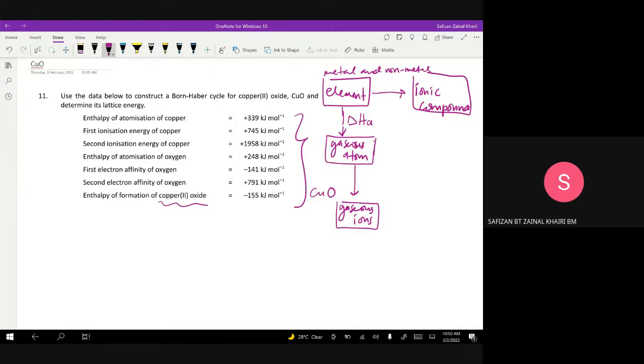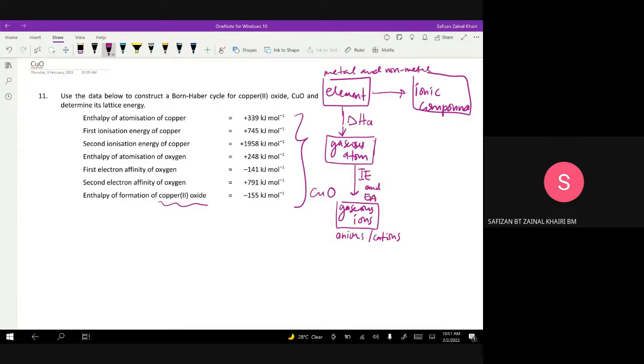To convert from gaseous atom to gaseous ions, it has two types. Okay, the ion here, whether the anions or cations. So the type of energy involved is ionization energy to form cations, ataupun electron affinity to form anions.